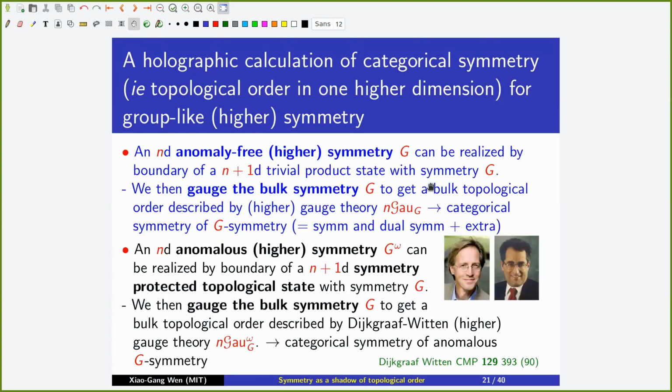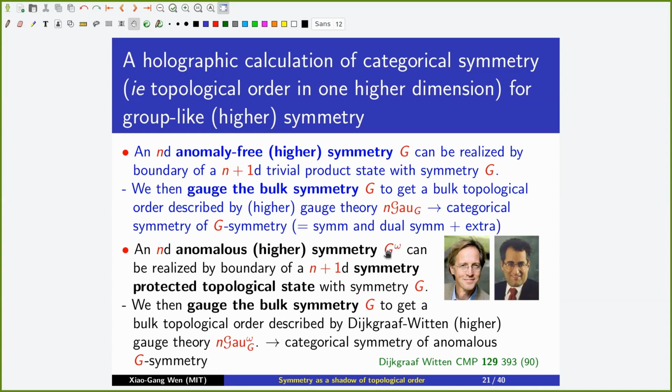However, what happens if you have an anomalous symmetry? So we have a system with anomalous symmetry. Then the anomalous symmetry can be viewed as a boundary of an SPT state in one higher dimension. Although on the boundary the symmetry is anomalous and we cannot gauge it, in the bulk SPT state the symmetry is an onsite symmetry and is anomaly free, and you can gauge the symmetry in the bulk.